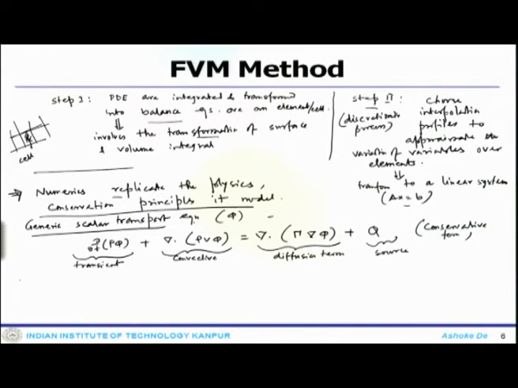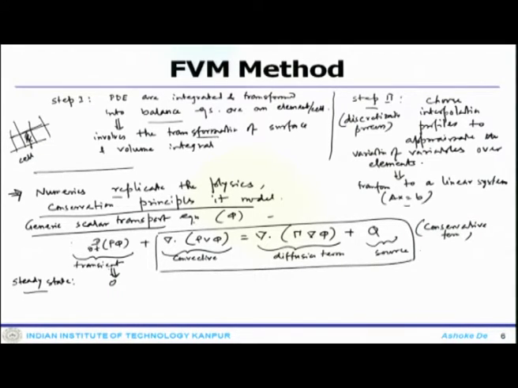Now, if you have a steady state system, that means the transient term goes off. So, you get back the system like this much. This will be the system for my steady state case.